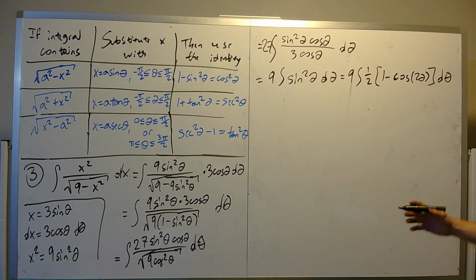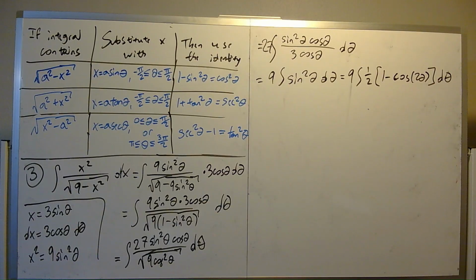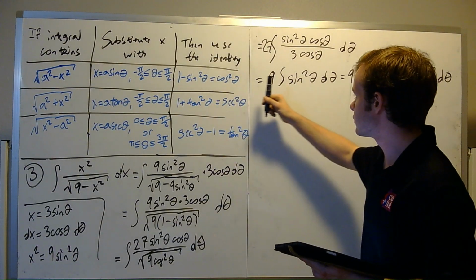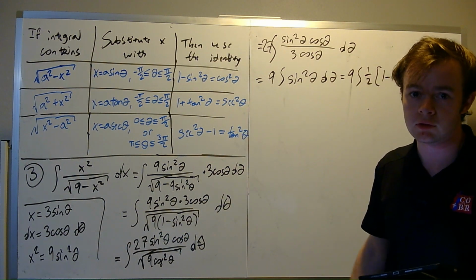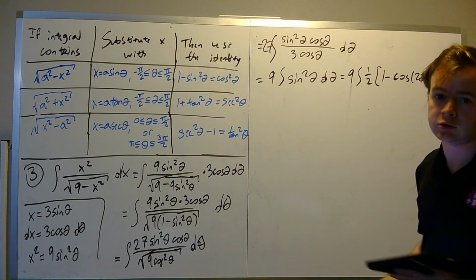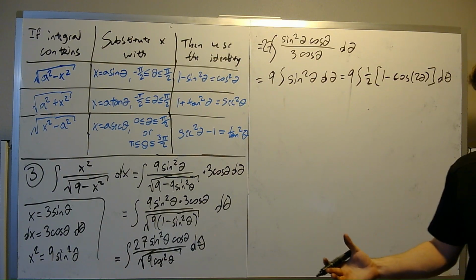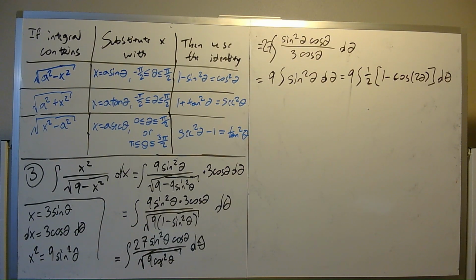Okay, so we just used the substitution because we didn't know how to solve this, so we need to replace it with something else. And notice we don't want to use the fact that sine squared theta is 1 minus cosine squared theta, because that wouldn't actually get us anywhere, because then we'd just be taking the integral of cosine squared theta. That doesn't really help us. So we need to use the half angle formula here.